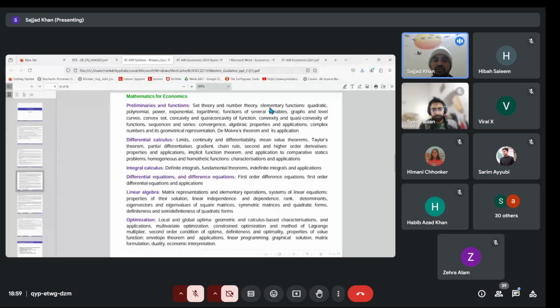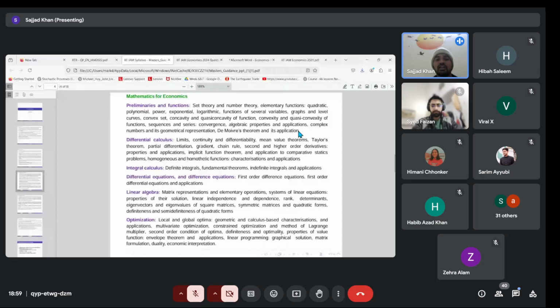If you focus on the properties of different types of functions, functions of several variables, they will ask about domain and range. Convexity, concavity, quasi-concavity, and sequence, series and convergence are most important. There is not much time to go through these properties because it is advanced mathematics.